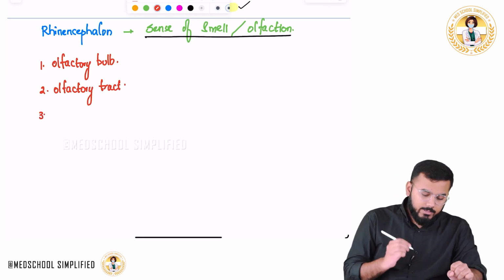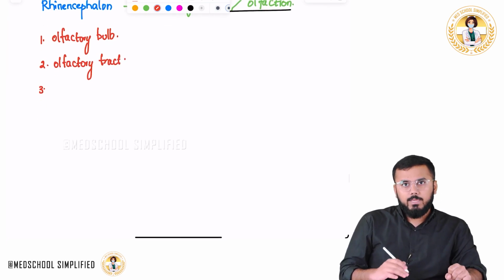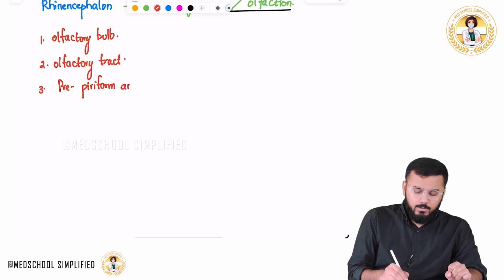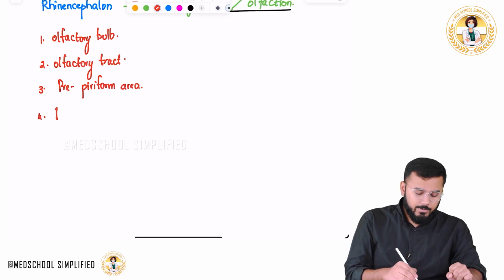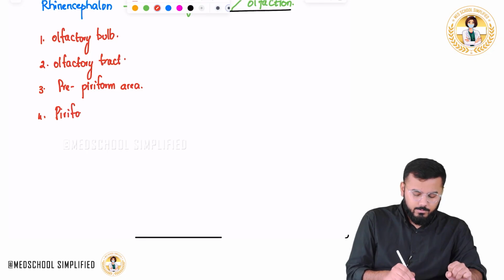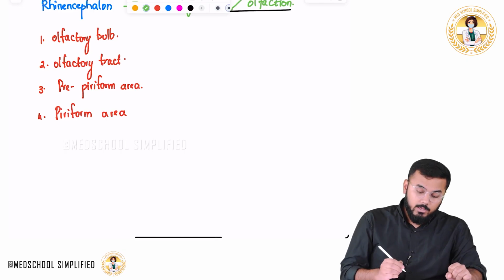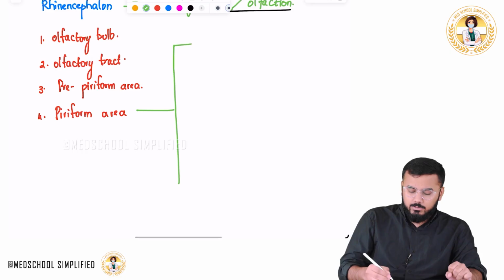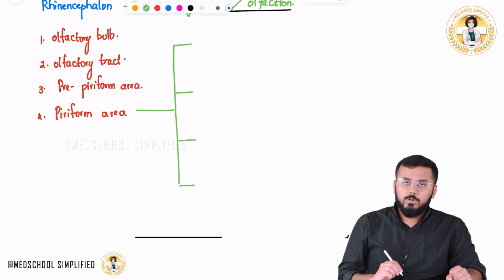After the olfactory tract, the next is the pre-piriform area, and after that you have the piriform area. Within this piriform area, you have four important structures.